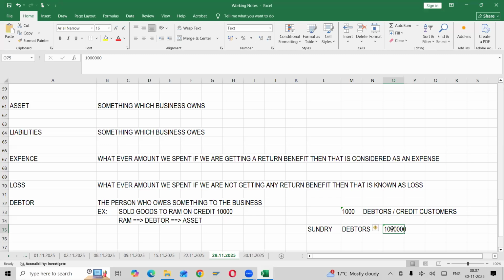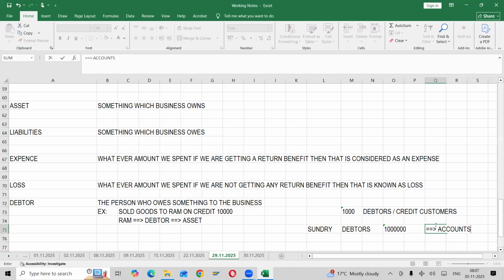Clear? Are sundry debtors and trade receivables the same, or different in SAP? In normal accounting academics, we call it sundry debtors. In SAP, we call them accounts receivable. If you're having any confusion, leave it now.